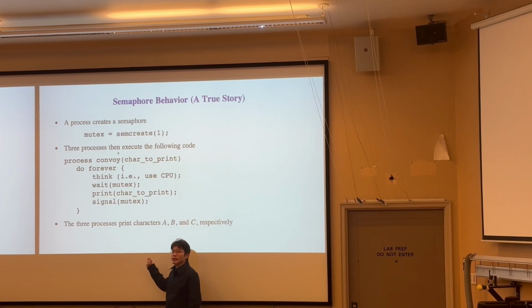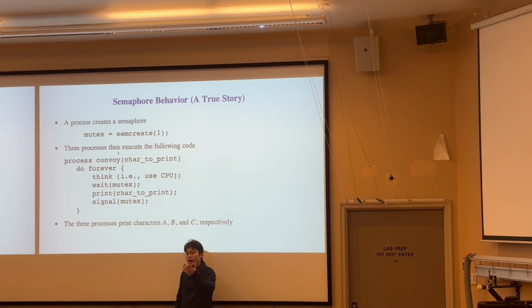Context switch triggers and switches in process B. Process B does the same thing, iterates this loop 20 times, exhausts its time slice, and then process C gets switched in, and the same thing happens. Then process C finishes, and process A gets switched in.